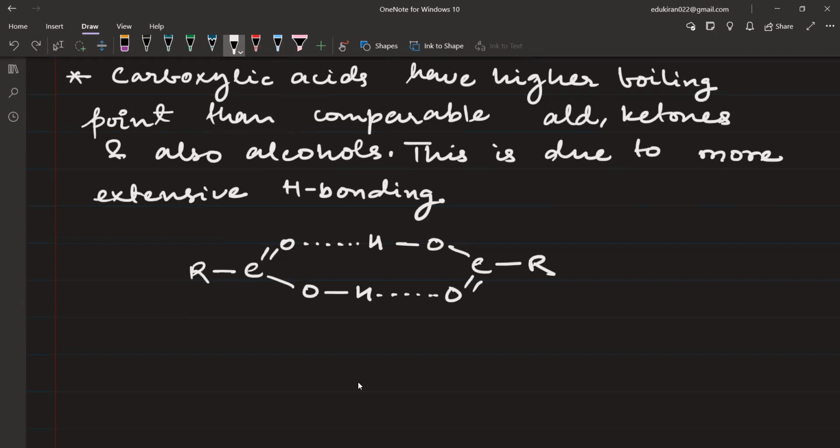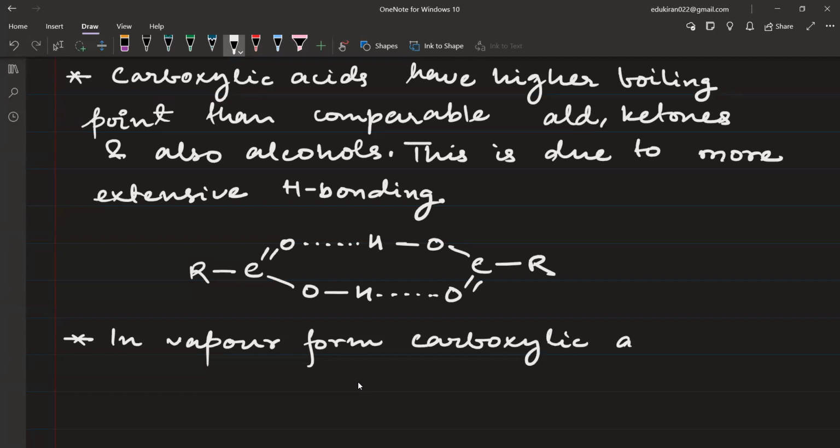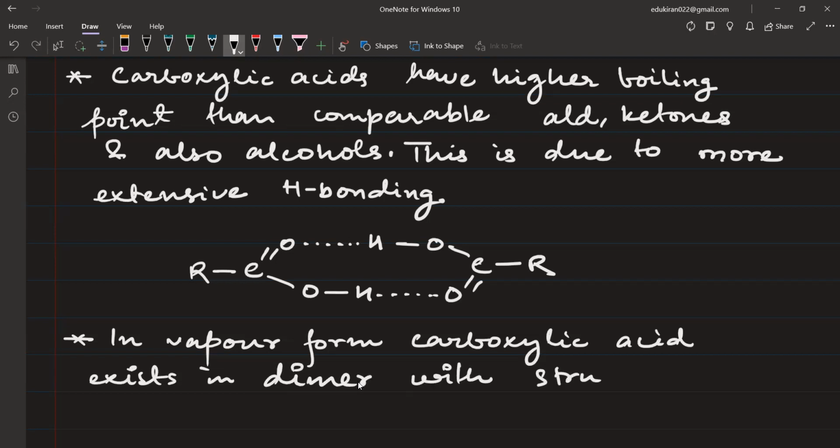Also write another point. In vapor state, in vapor form, carboxylic acid exists in dimer with structure as above.